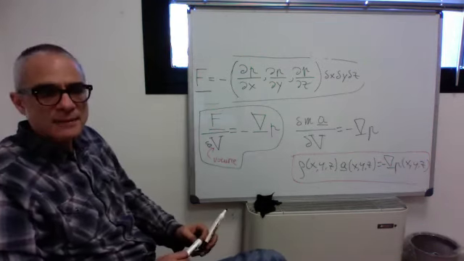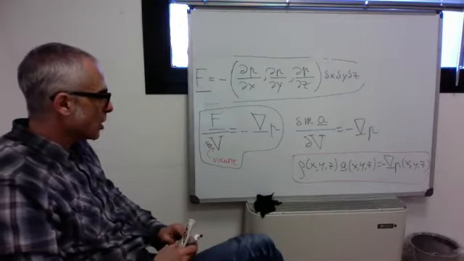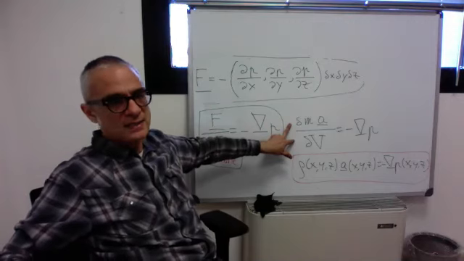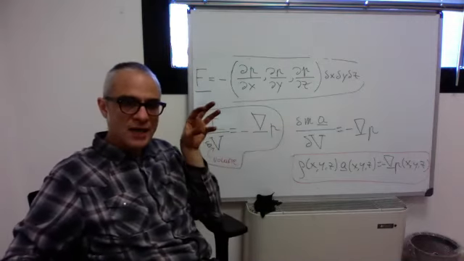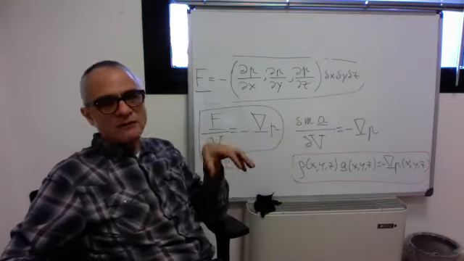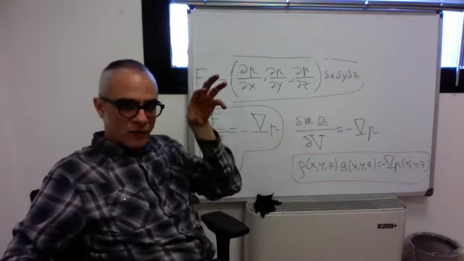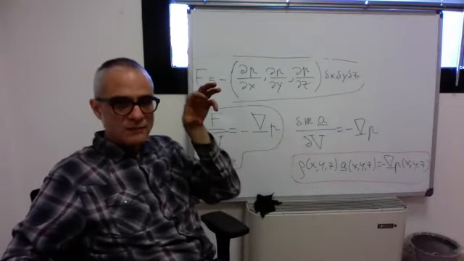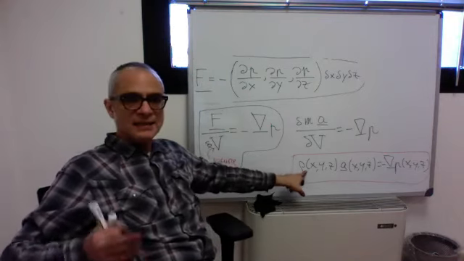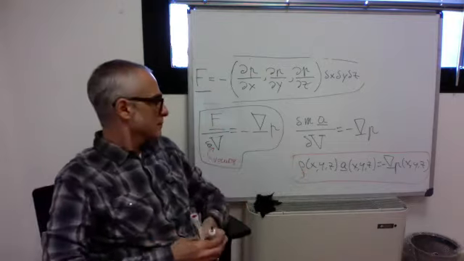So it's an important result. Notice that right here, I wrote an equation that, like I said, is valid for a small chunk of matter. But then here, the mass and the volume of this small box, of this small cell, cancel out. And what you're left with is the density at a given point.